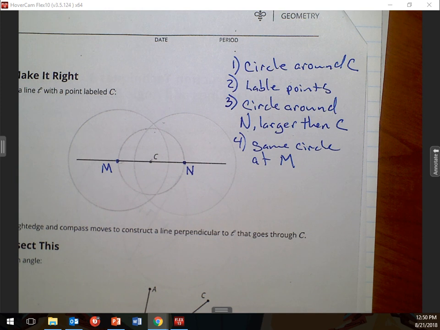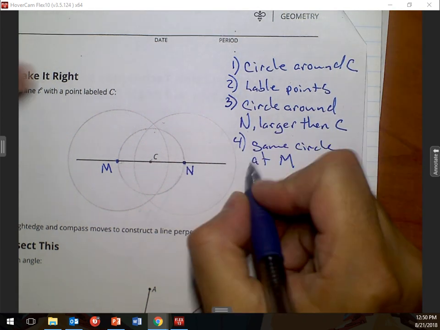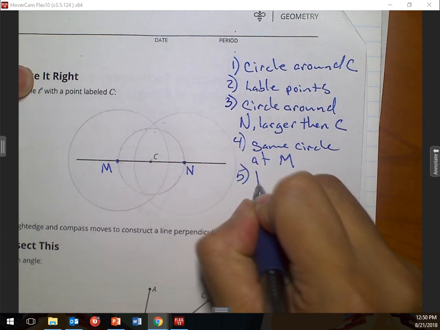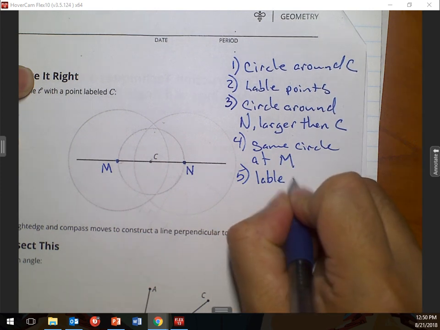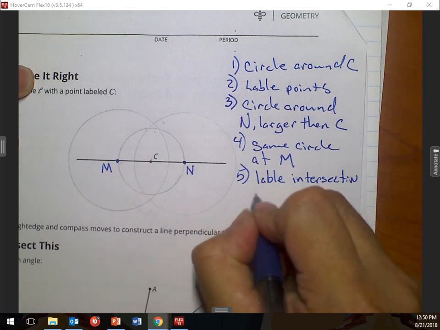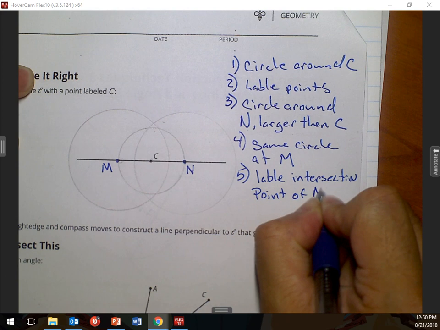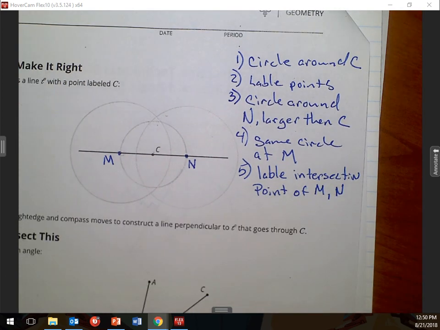All right, are we ready for the next part? Okay, step 5, label intersection points of M and N. So I'm labeling the points in which the two circles intersect, right?